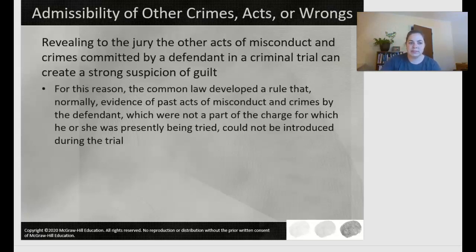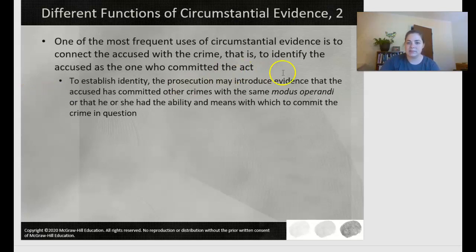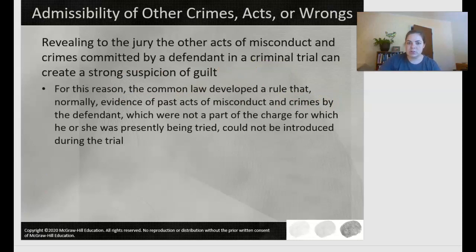Now, for the slide where we're presenting evidence of modus operandi, revealing to the juror that this defendant has committed other acts of wrongdoing can be problematic. It can be prejudicial. So the common law developed, and the Federal Rules of Evidence stand by, the rule that evidence of past misconduct and crimes cannot be introduced unless it's extremely reliable.